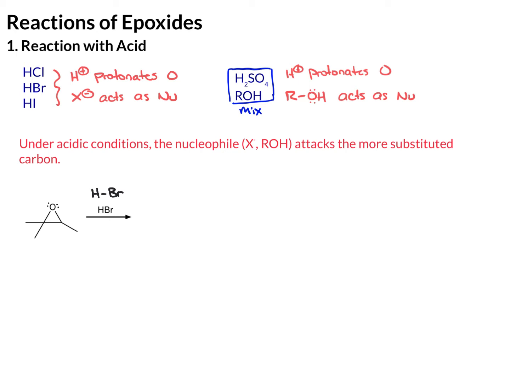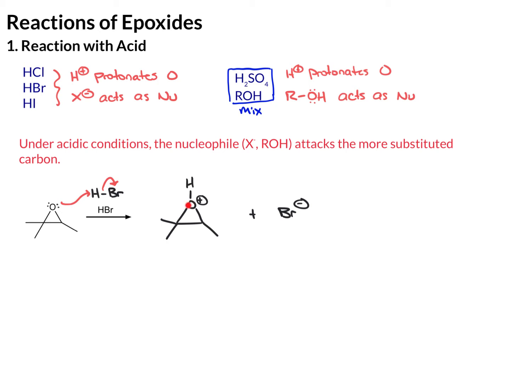So start at the oxygen lone pair and draw a curved arrow to the proton. And then we need one more curved arrow to show those electrons leaving the proton and going onto the Br. So here we end up with a protonated epoxide plus Br minus.